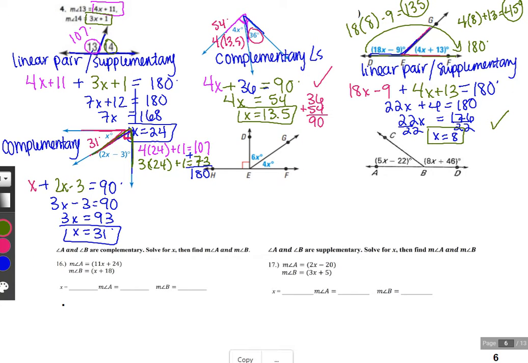So that should give us, let's see, 62 minus 3 would be 59. So 59 degrees, and then if you want to make sure that your values are correct, we said that these two angles should equal 90 degrees. So 59 plus 31 equals 90, it does. So we know we're looking at complementary angles, and we know that our values are correct.